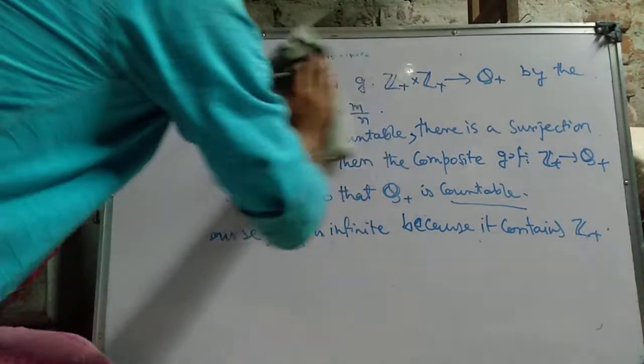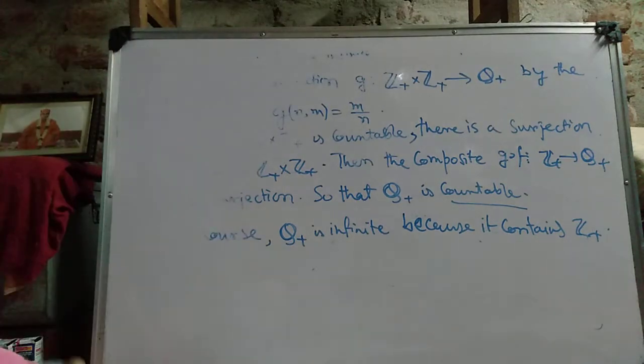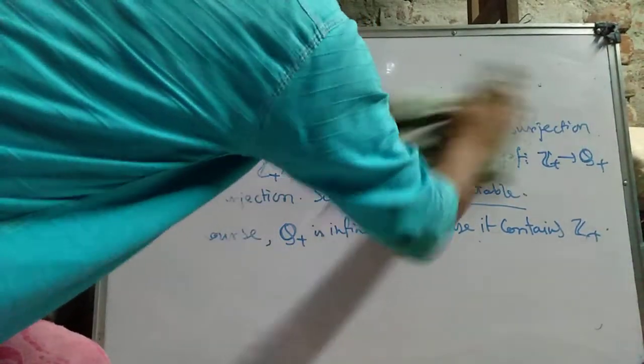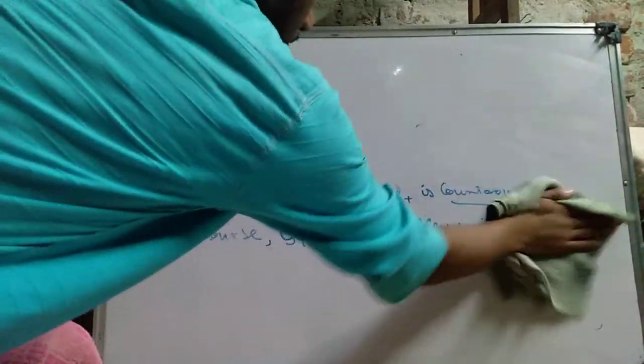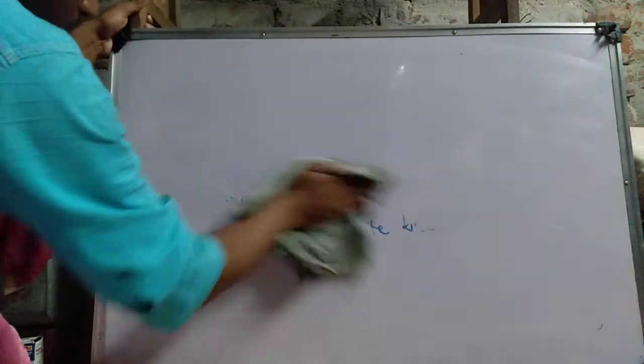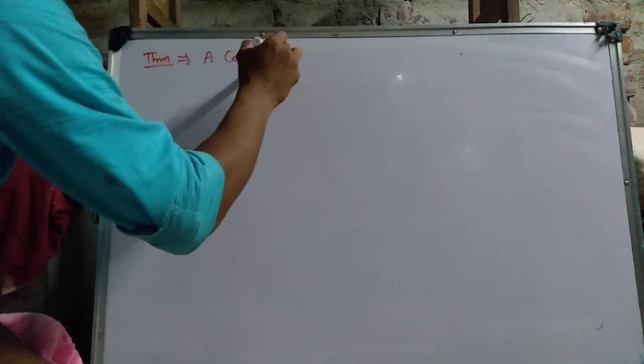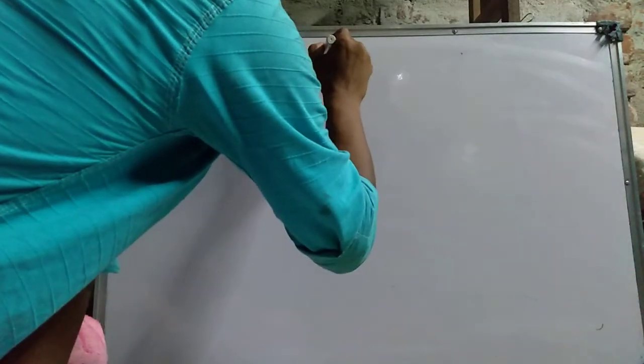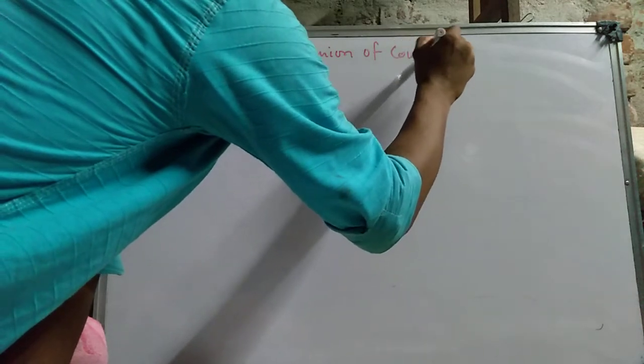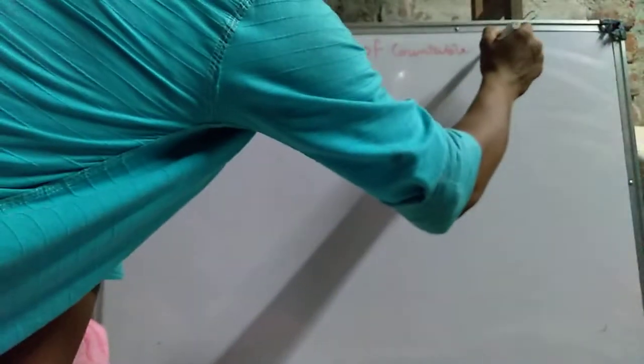Then we show that a countable union of countable sets is countable.